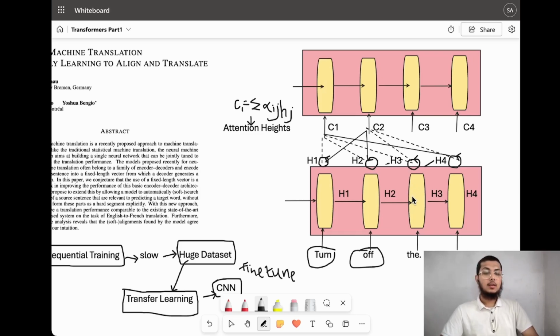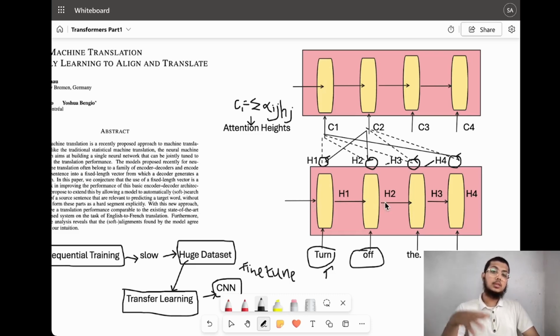The main ideological difference here is that the attention mechanism says you do not need to send the context vector from here to here all at once, because whenever you do translation, suppose you have to print this first word, light.